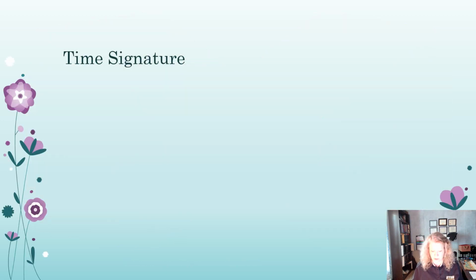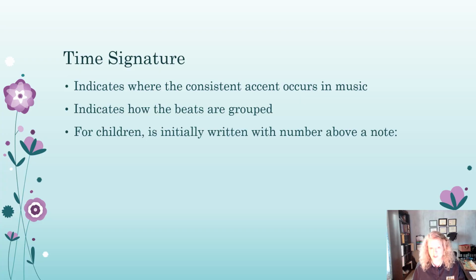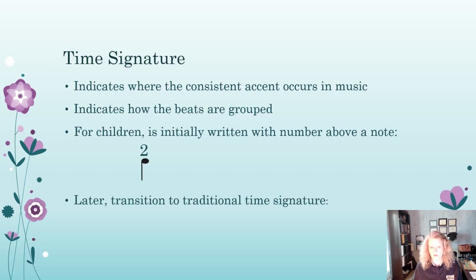Look at time signature. We said we were going to revisit it. The time signature indicates where the consistent accent occurs in music, and it indicates how the beats are grouped. For children, it is initially written with a number above a note. So 2 over a quarter note is typically what children will see because they're most frequently dealing with quarter notes as the beat. Later, we transition them to a traditional time signature. That's 2 over the number that indicates the note.